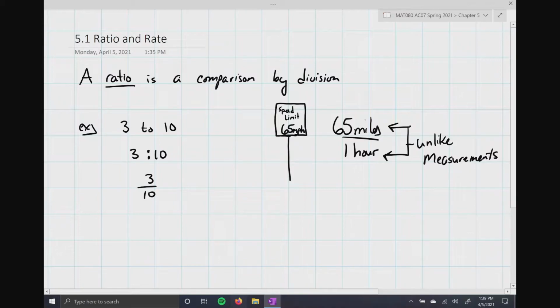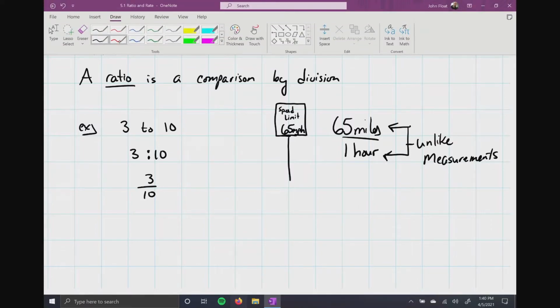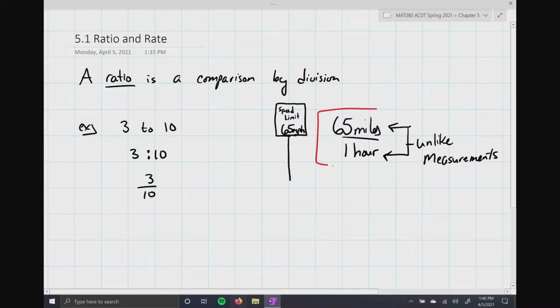The first number, the numerator, is 65 miles. The bottom number is 1 hour, okay? This has a very special name.